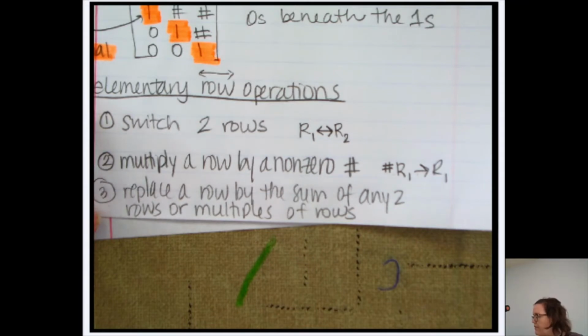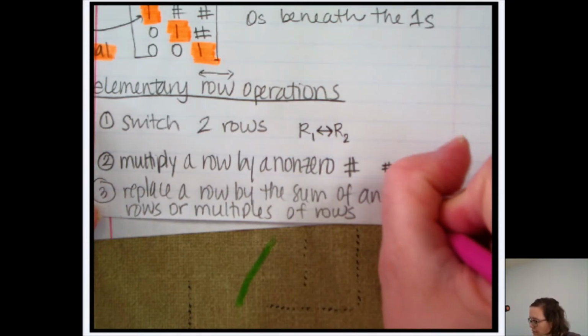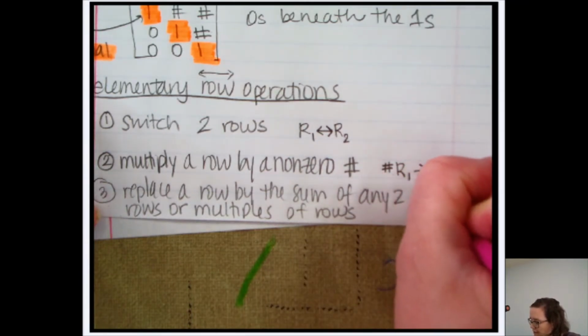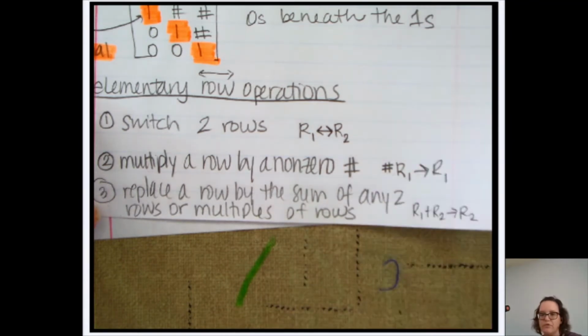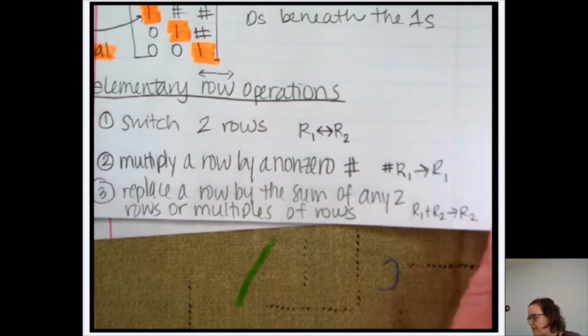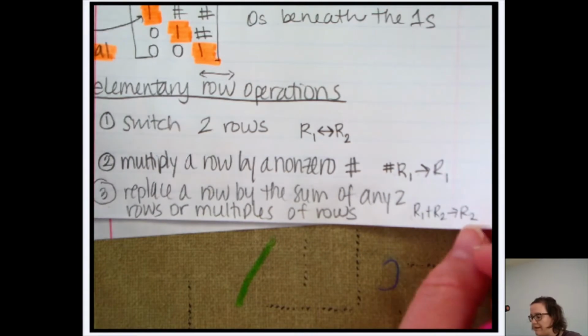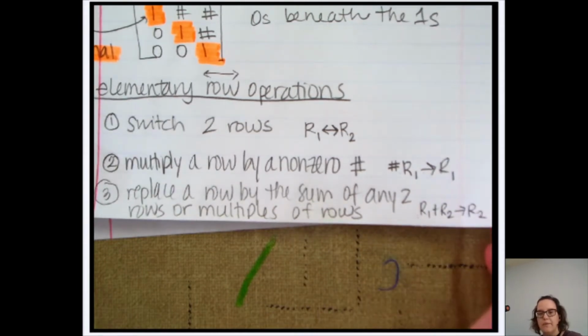And so this would be like row 1 plus row 2, and that's going to replace maybe row 2. We can also have numbers in front of here. So those are the three things we can do to a row. So we're going to practice just those row operations for a few minutes before we get into the actual Gaussian elimination.